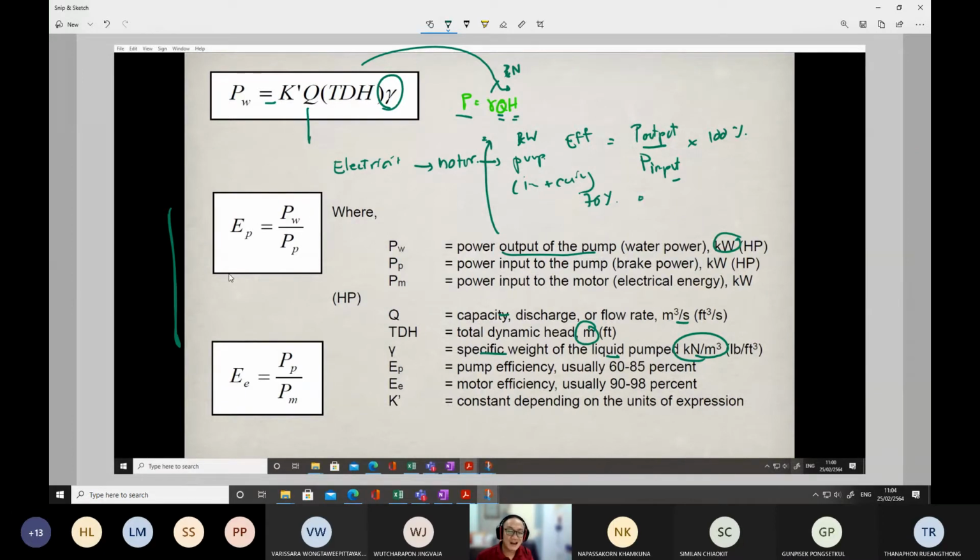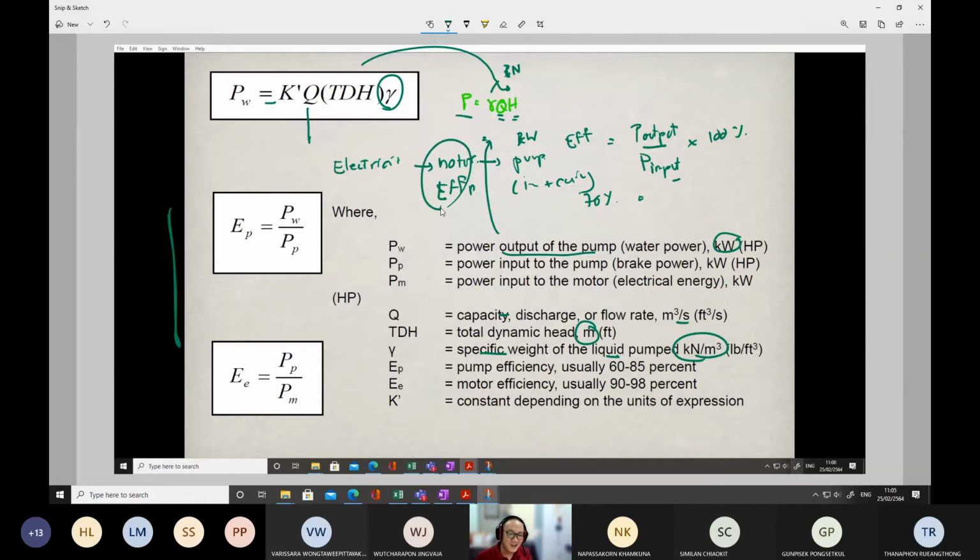From the efficiencies of the motors, when we pass the electricity to the motor, there is a loss, and again from the motor to the pump, there is another loss.